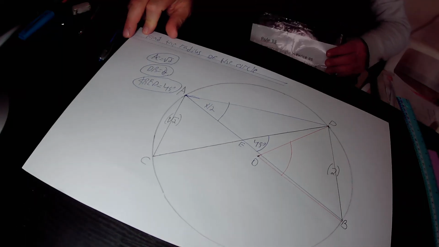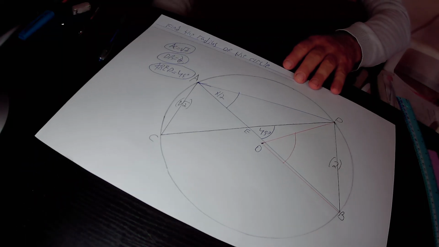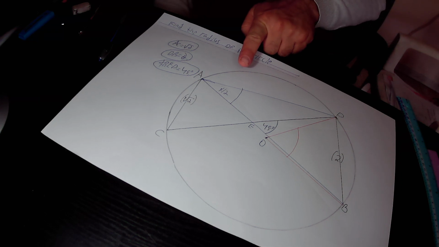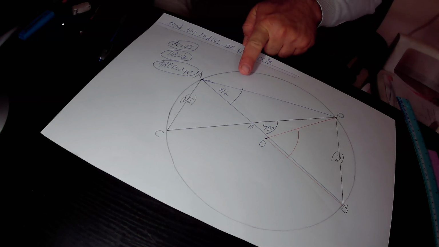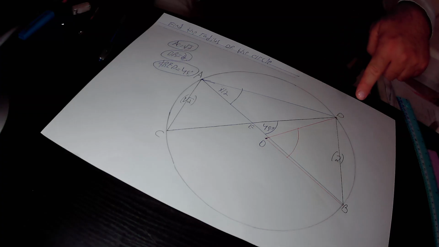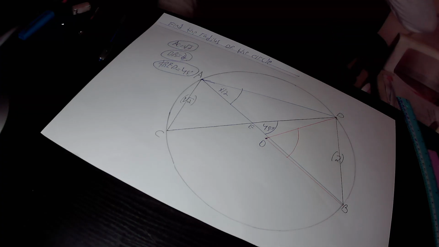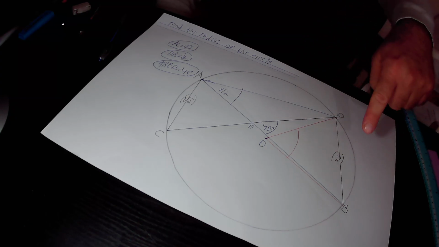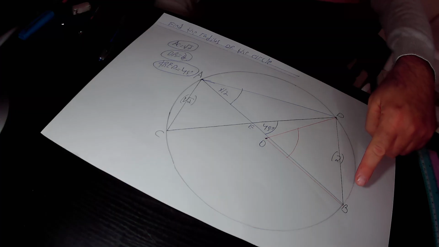Why? Because in our drawing we have peripheral angle BAD. The size of this peripheral angle BAD is x over 2 according to our definition, and peripheral angle BAD subtends on chord BD. We also have center angle BOD that subtends on the same chord BD.